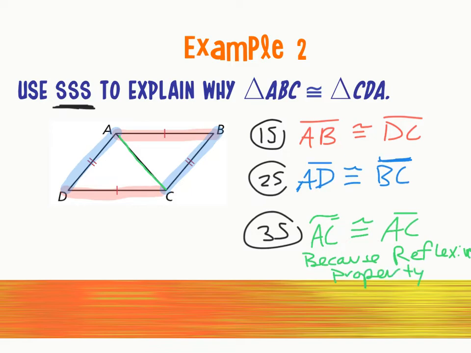So now we have 3 pairs of sides that are congruent. So therefore, triangle ABC is congruent to triangle CDA by the side, side, side postulate.